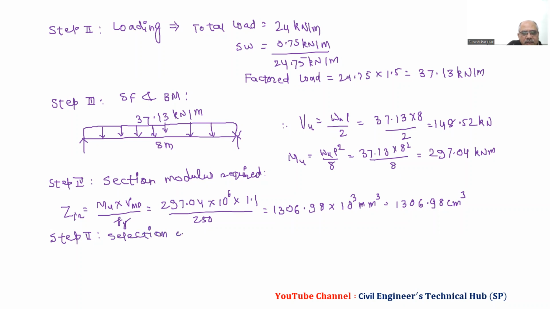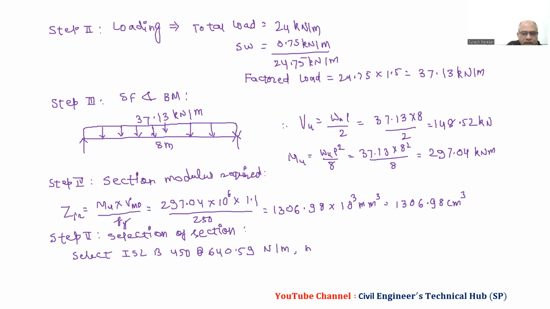Then we will go to step 5, selection of section. Now considering this, we can select ISLB 450 at 640.59 Newton per meter.